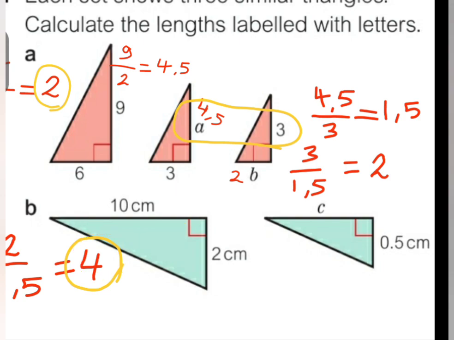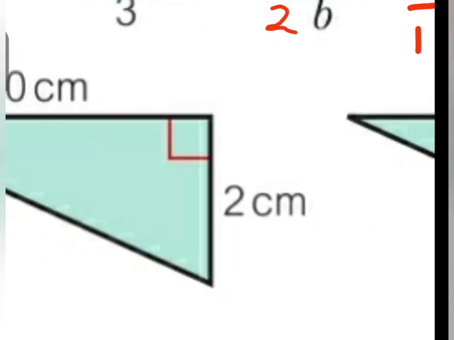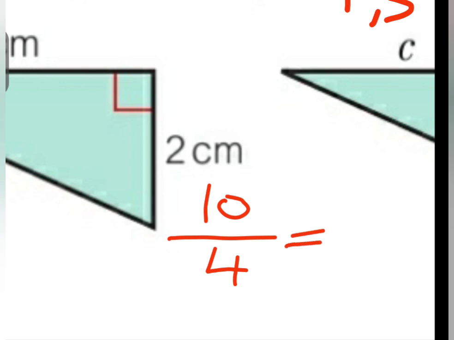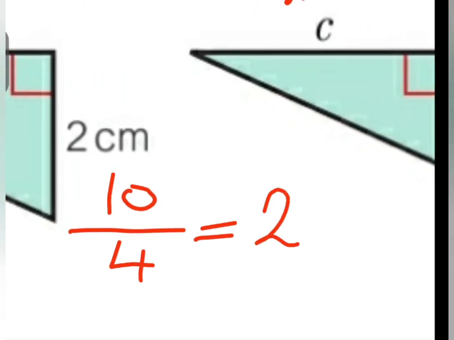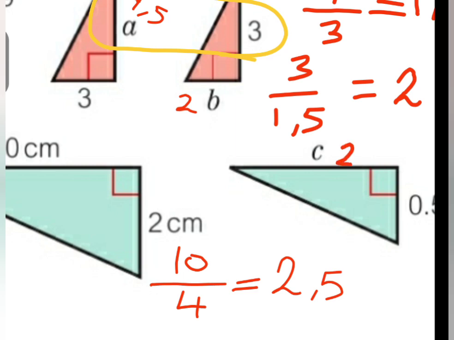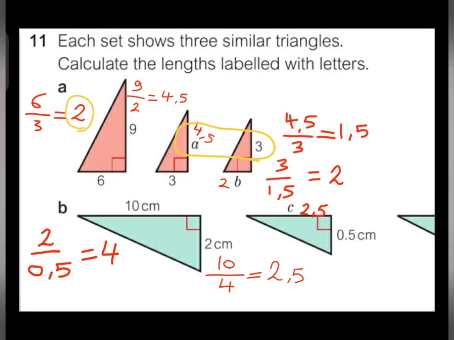Now, 10 divide 4 equals what? Let's do it here. Divide 4 equals, very good, 2.5. So C is 2.5. Good job.